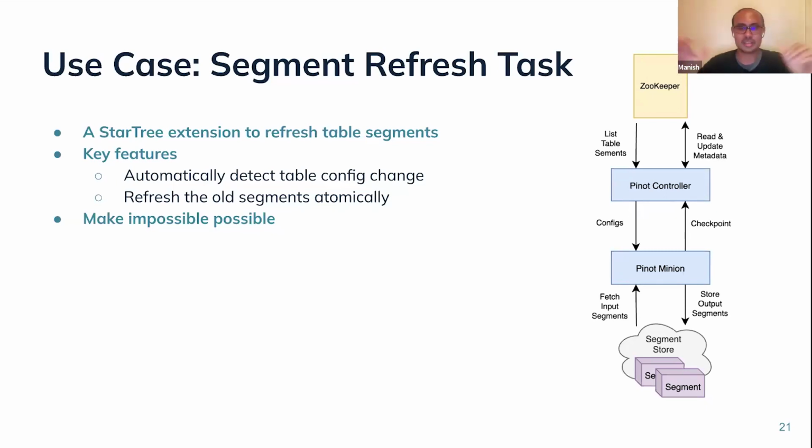That table config has the details, and this segment refresh task is able to look at your current set of segments in the table and at the table config, and say, okay, there is something different. The table config was updated with a new configuration, a new partition, whereas the segments don't adhere to that.